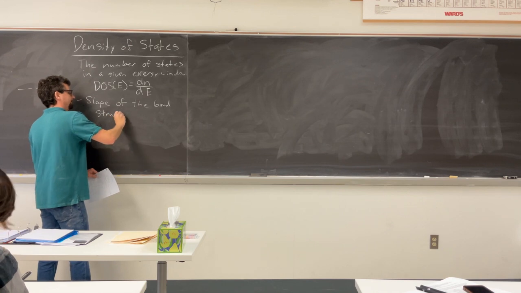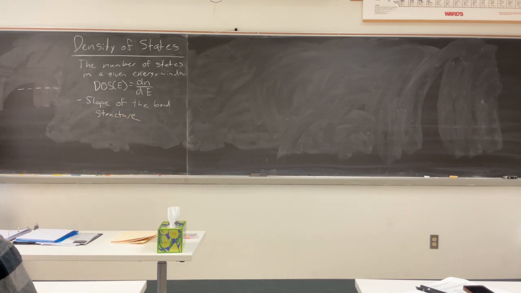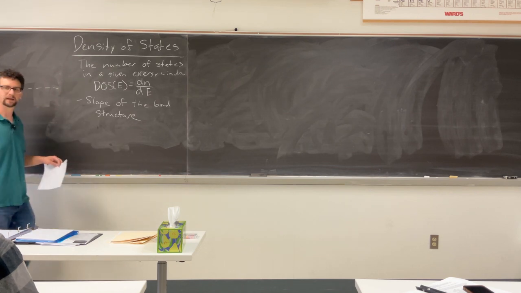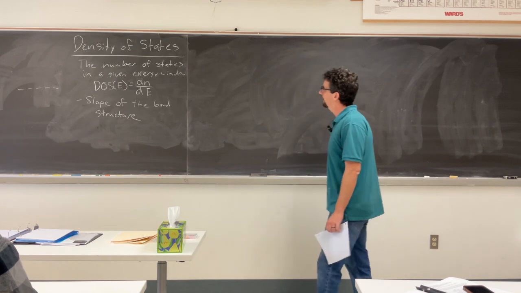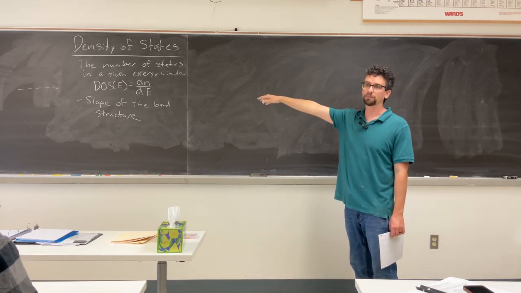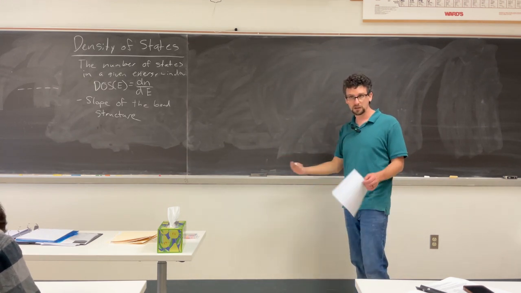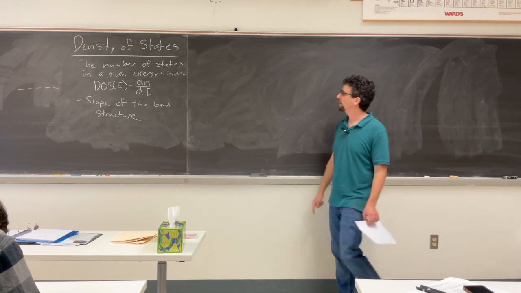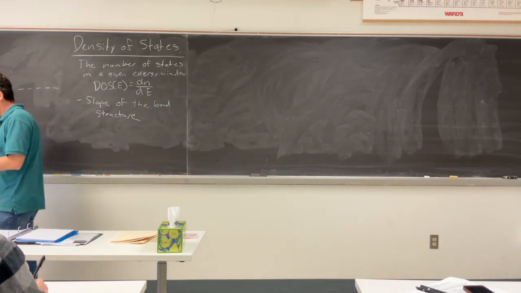It's kind of like taking it out of reciprocal space and putting it in real space. You can look at the band structure. The band structure is related to the number of states that have that energy based upon that K vector, and you can transform it into a density of states.